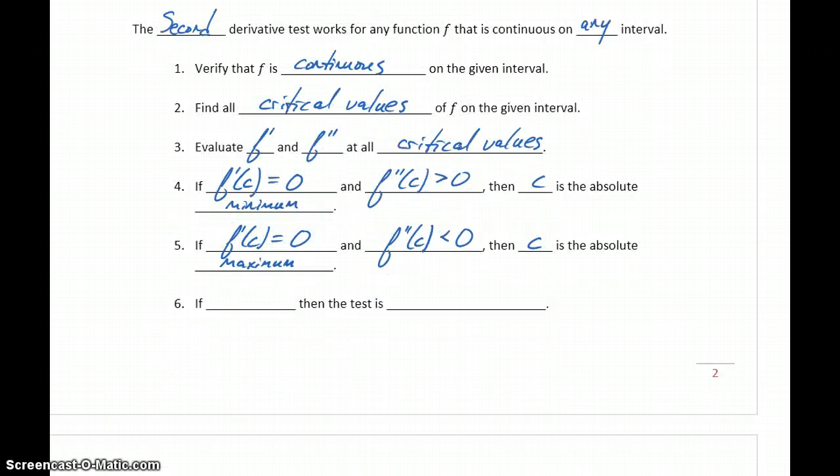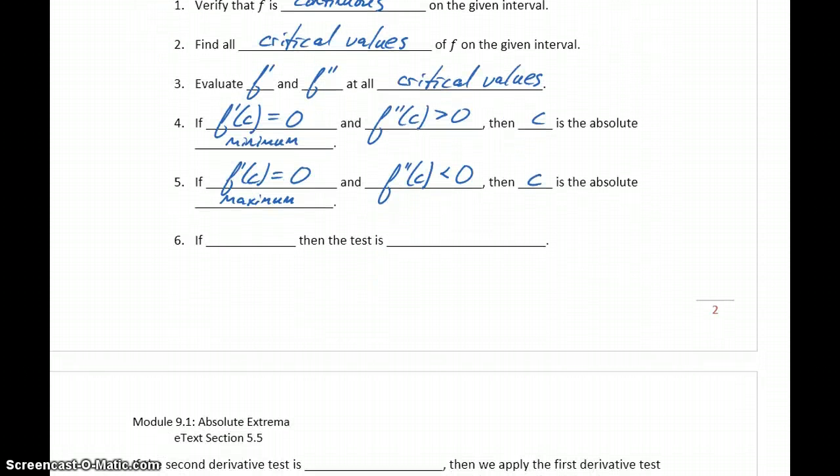So let's pause before we introduce this last step just to identify why those conclusions are leading us to those results. Let's consider step 4 here first. If we have some given point, we know the derivative there is 0, which means we have a horizontal tangent line at that point.